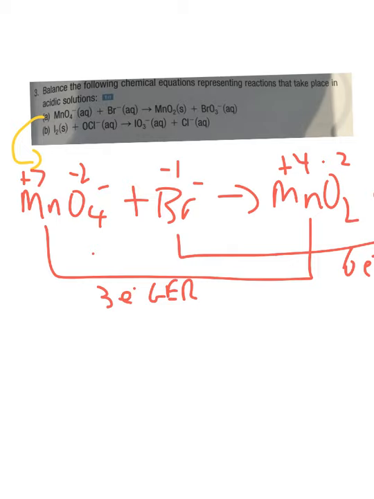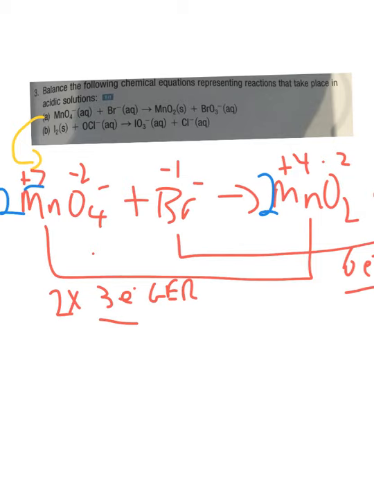Okay, so first thing we look at is the electrons. We try and balance our electrons. Okay, so it's quite obvious that we have 3 electrons there. We need to multiply this by 2. So it means that we're going to put a 2 in front of the Mn, and they have to go on both sides. Now, some places you'll see it as, oh, you balance the electrons and then you balance by inspection. It doesn't really matter. I had a conversation yesterday with someone about this.